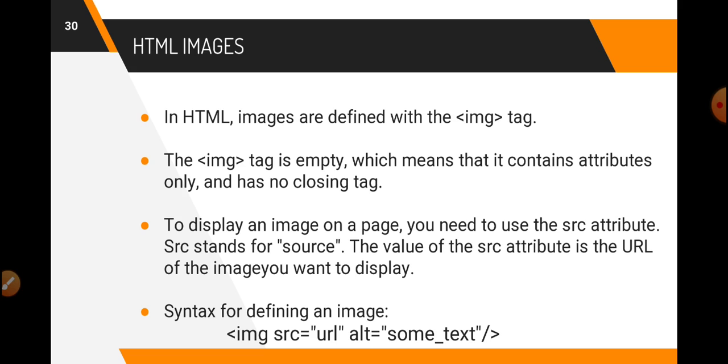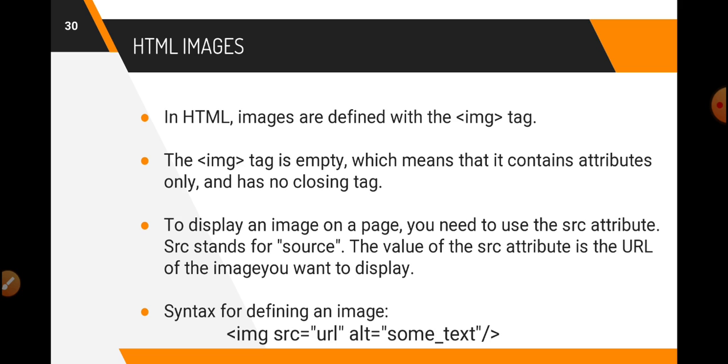The value of the src attribute is the URL of the image that you want to display on your HTML page. As you can see here, we have the syntax for defining an image. We have the img tag, and then the source attribute, followed by the value or the URL of the image, and then we have the alt.